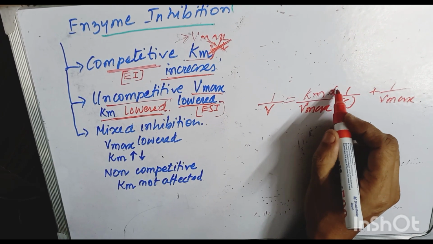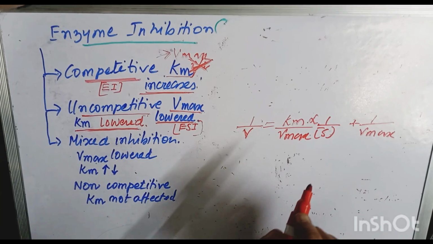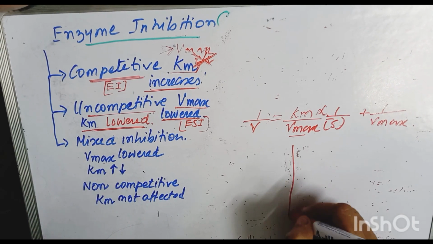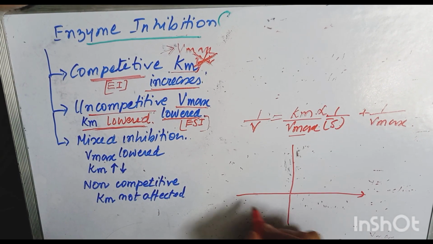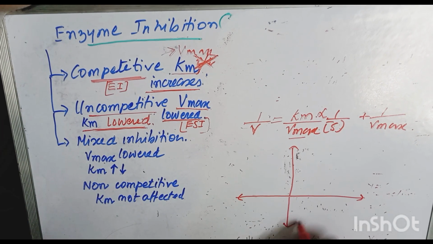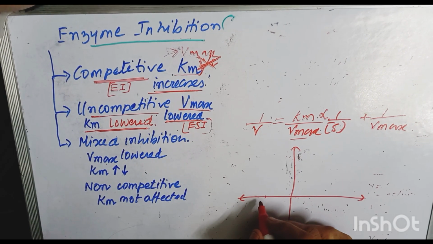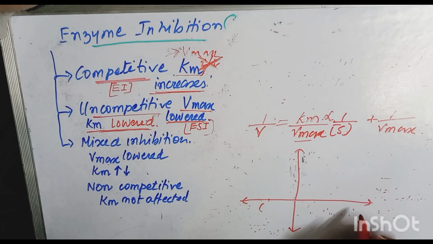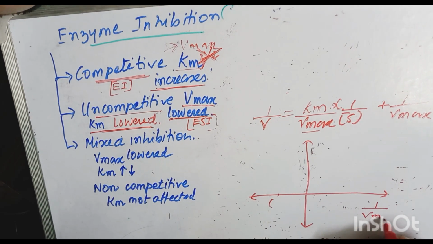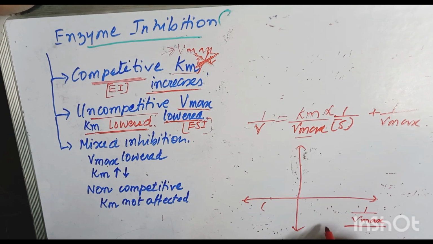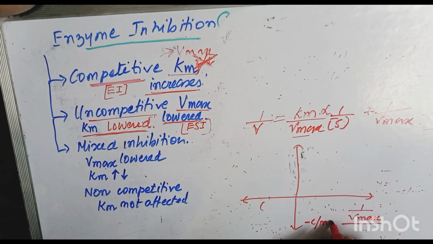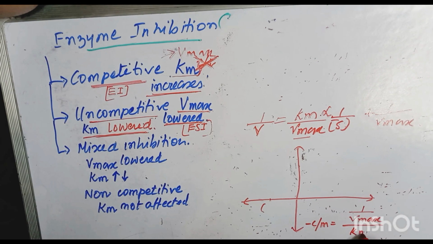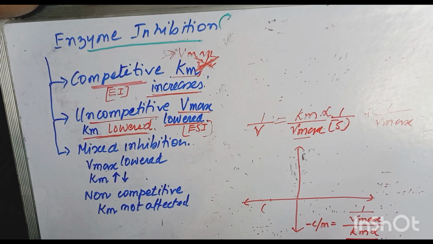So Km now becomes Km alpha, which is more than the value of Km, and Vmax remains unaffected. These two points: this minus C by M point is now what? What is C here? C is 1 by Vmax, and M is Km alpha by Vmax.